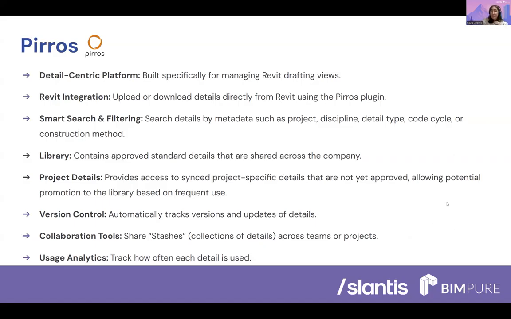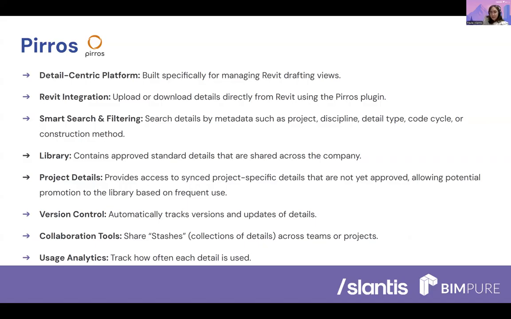The library contains approved standard details that are shared across the company, but you also have access to project-specific details that are not yet approved, and you can promote them to the library for everyone to use.